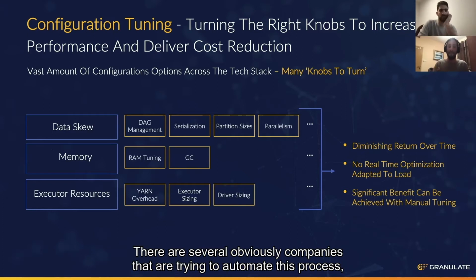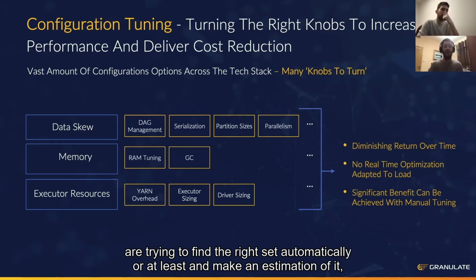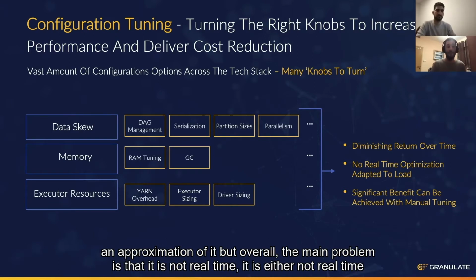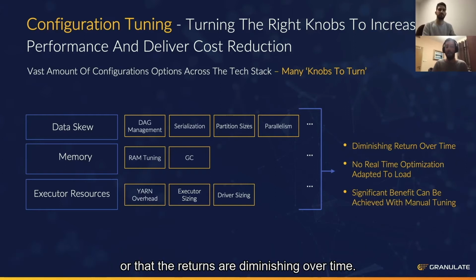There are several companies that are trying to automate this process. They're trying to find the right set automatically, or at least an approximation of it. But overall, the main problem is that it is not real time.